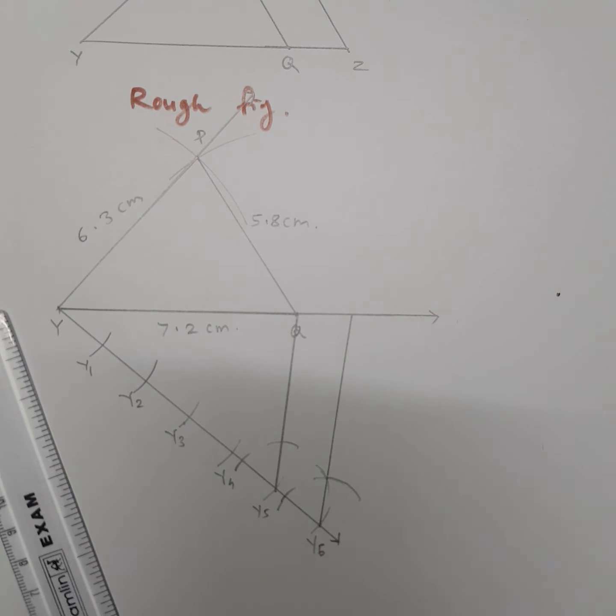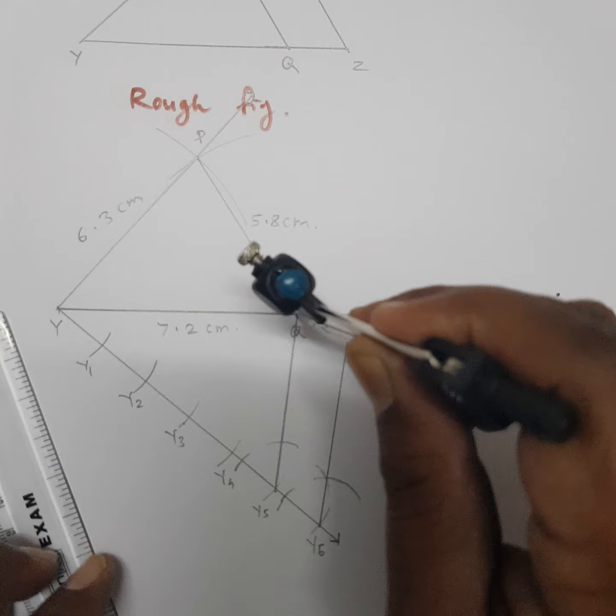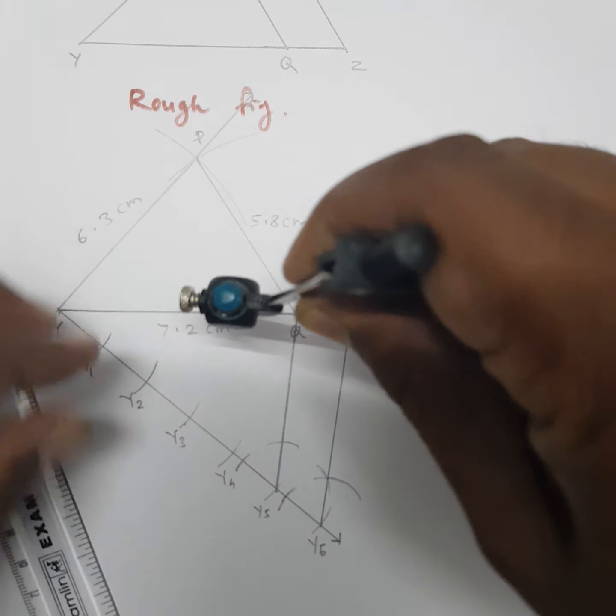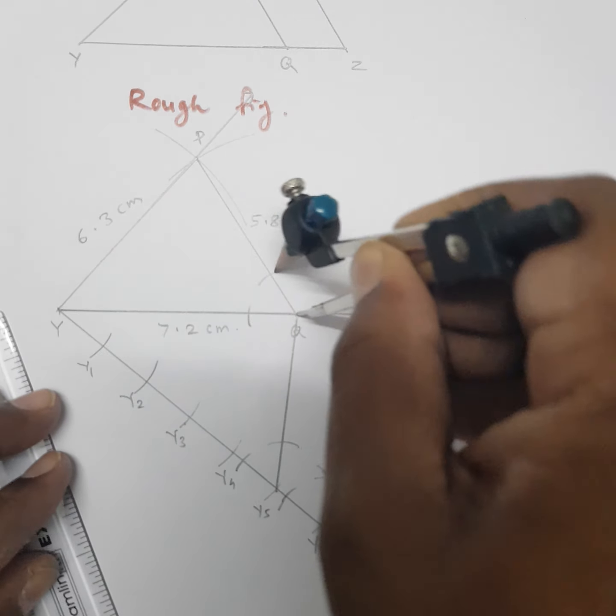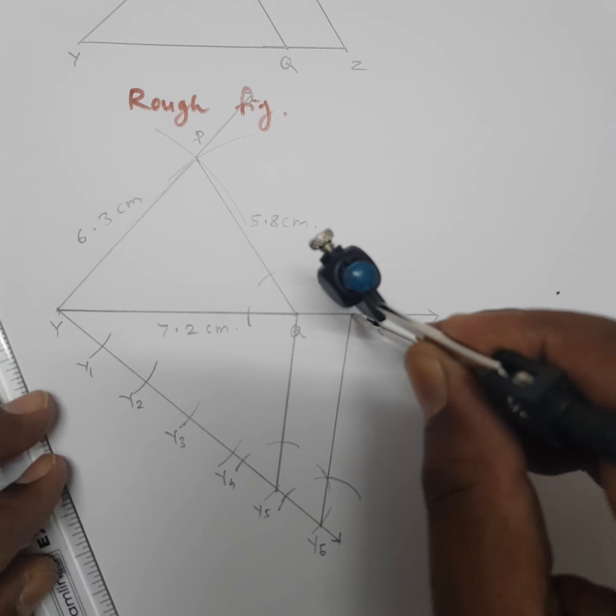Now draw congruent angle of angle Q at this point.